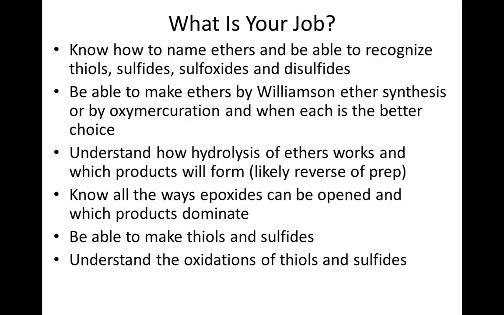And you need to know really the only reaction of ethers is their hydrolysis, and it's pretty much like the reverse of how you would have made them, and it takes a strong acid to do that. And then we talked about epoxides and opening epoxides, and particularly the ring opening reactions with various nucleophiles. And we talked a little bit about thiols and sulfides and different oxidation levels of sulfur that it could take, and that made it different from oxygen.